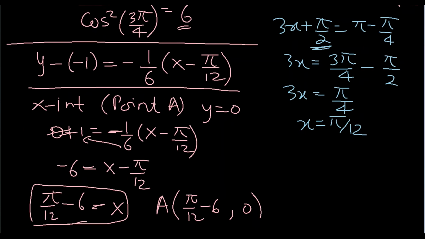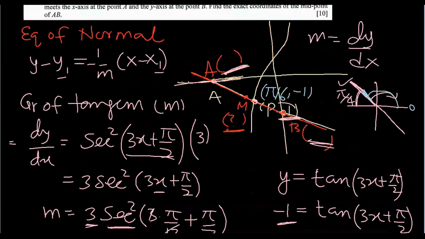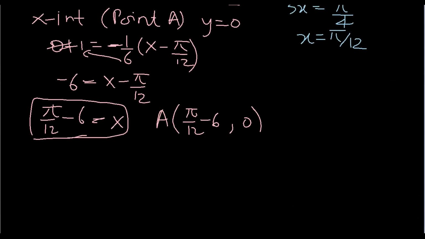To find the coordinates of point B, which is the y-intercept, we put x equal to 0 in the same equation and we'll get the coordinates.